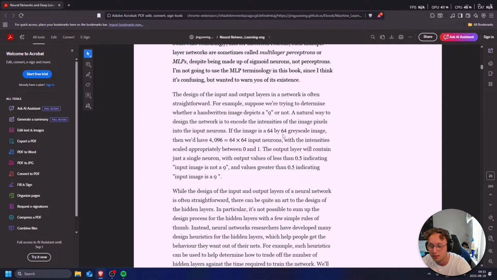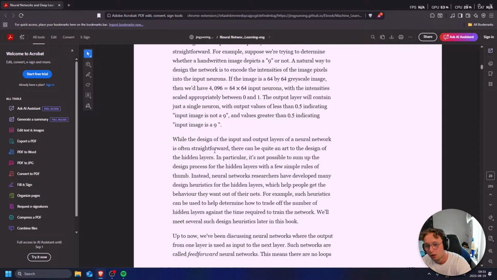If the image is a 64 by 64 grayscale image, then the number of pixels is 4096, which is also equal to 64 times 64 input neurons, with the intensities scaled appropriately between 0 and 1. The output layer will contain just a single neuron, with output values of less than 0.5 indicating the input image is not a 9, and a value greater than 0.5 indicating that the input is a 9. So it's like a greater or less classification.